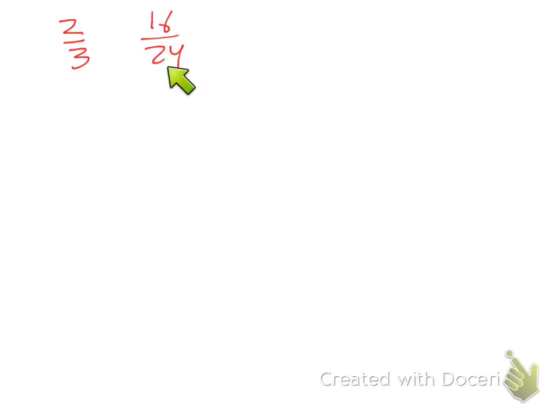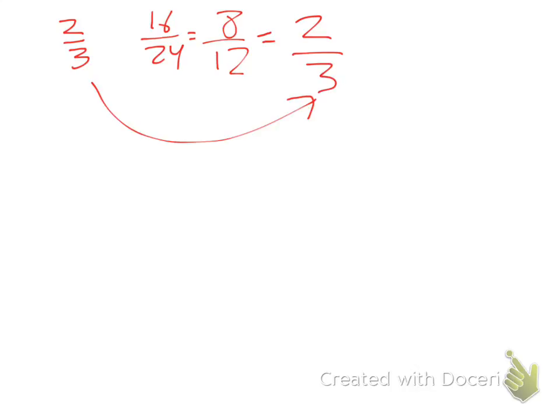What about 16/24? They're both divisible by 2, so that's the same as 8/12. But that's also divisible by 4. If I divide that by 4, that's 2 over 3. Are these equivalent? Yes.